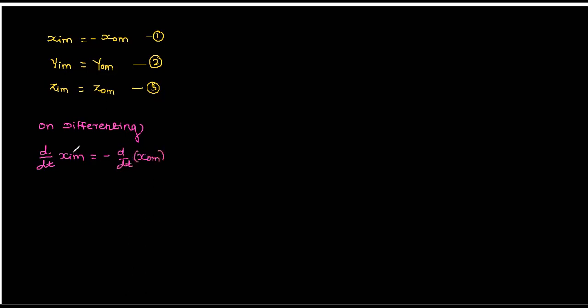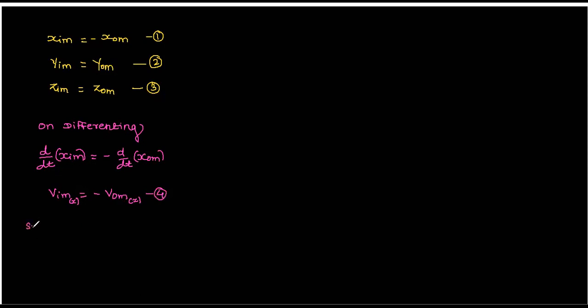This is displacement, yes or not? So the rate of change of displacement, you are getting velocity. So VIM is equal to minus VOM, and this is along which axis? X axis. Okay, this is your equation number 4.